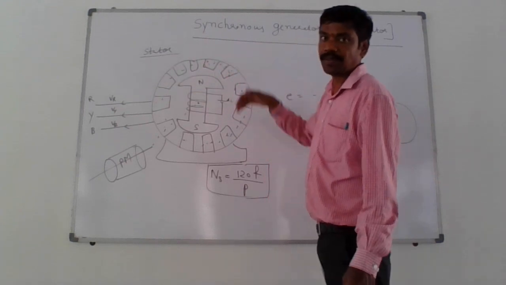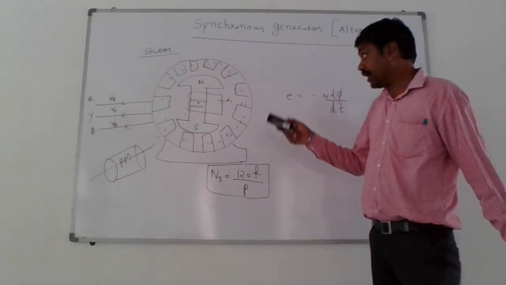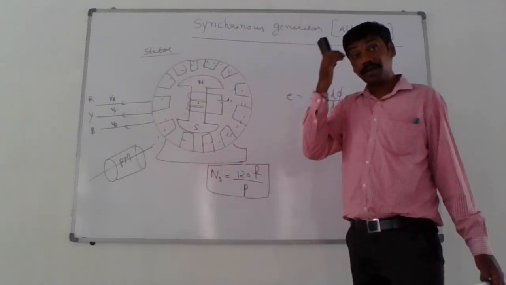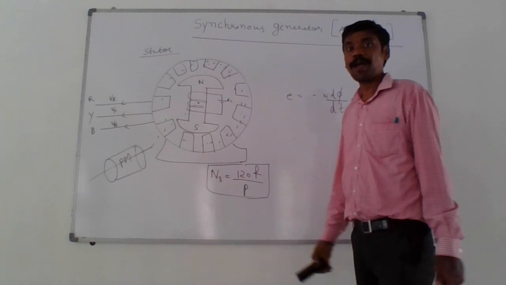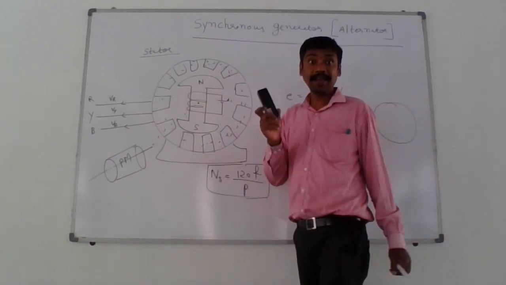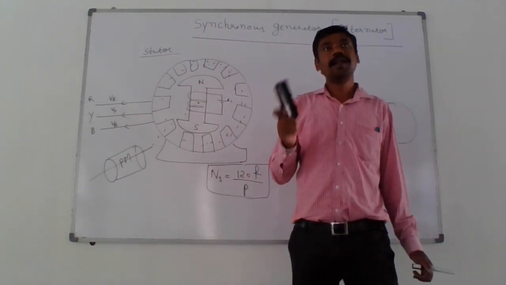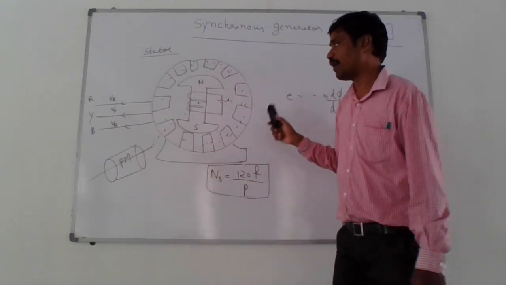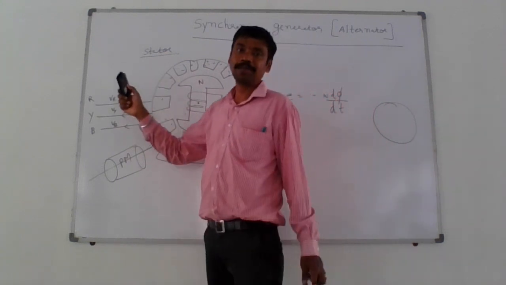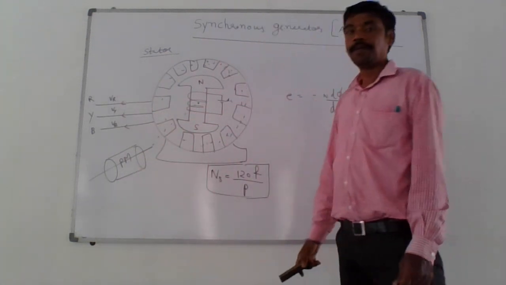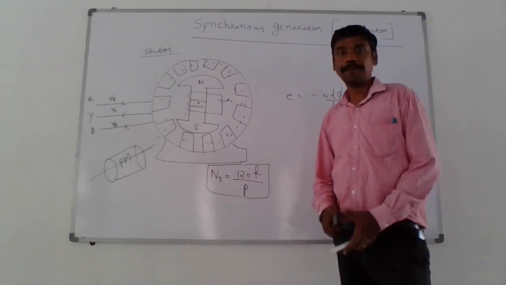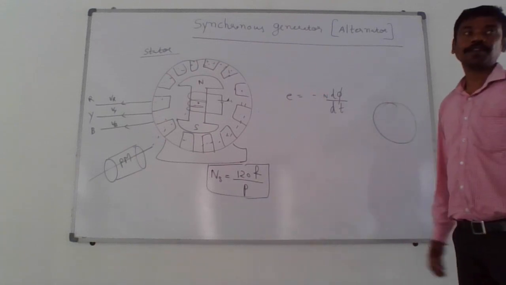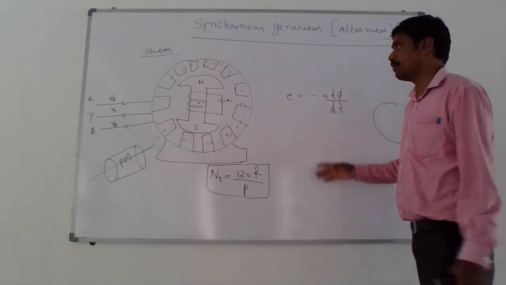Therefore, there is a rate of change of flux in these stator conductors. According to Faraday's law of electromagnetic induction, whenever there is a rate of change of flux, EMF is induced. Therefore, EMF is induced in this stator winding, and you will get induced EMF as VR, Vy, and Vb. This is how the generator converts mechanical power input into electrical power output.